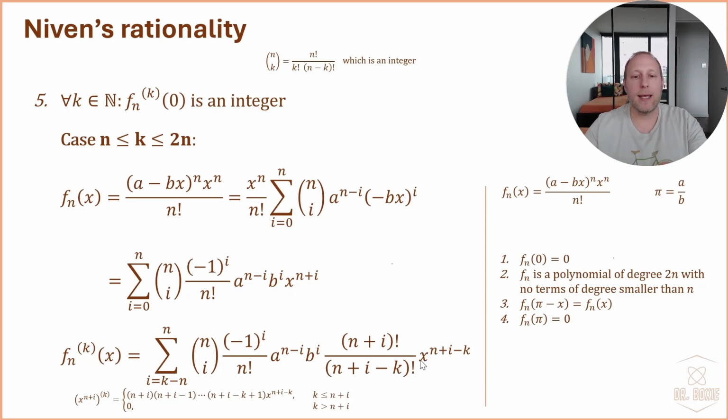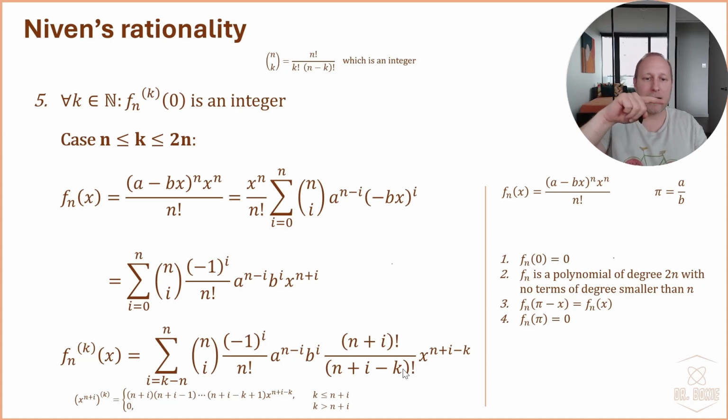And if k is less than or equal to n plus i, well, in that case, the number of times you take a derivative is less than or equal to the degree of x, and all you get is x to the power of n plus i minus the number of times you took the derivative, so it's x to the power n plus i minus k. And the coefficients in front of them are all the coefficients that you brought to the front.